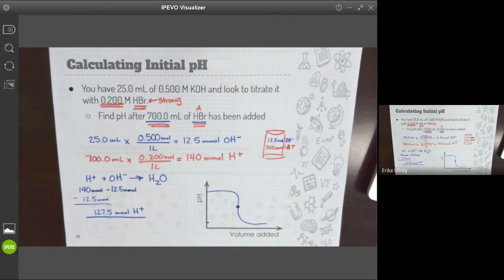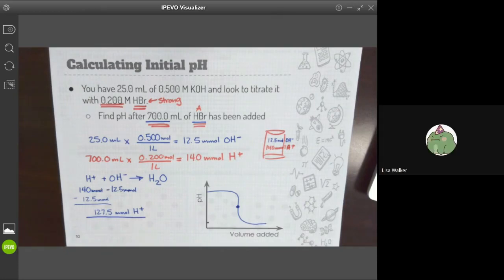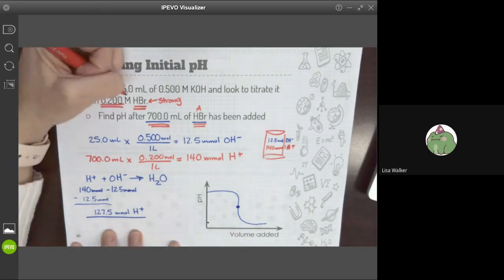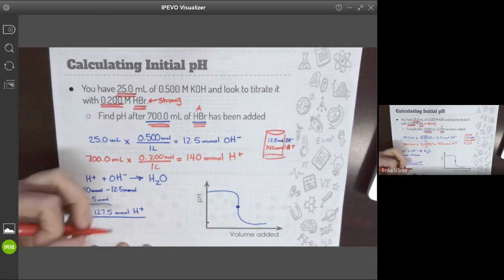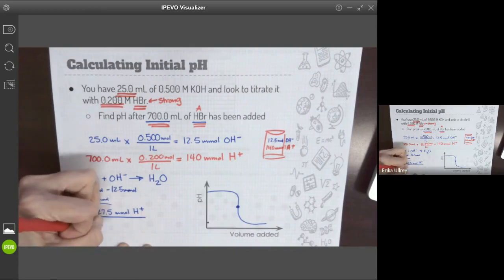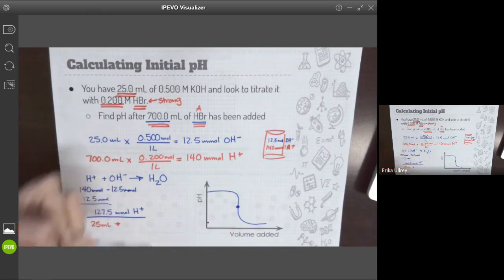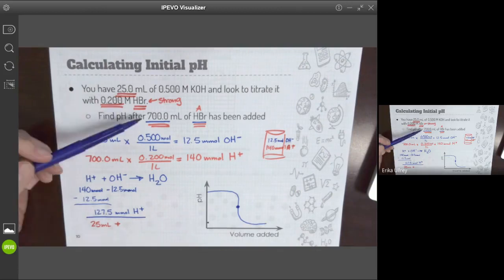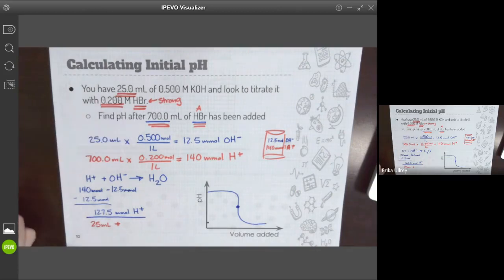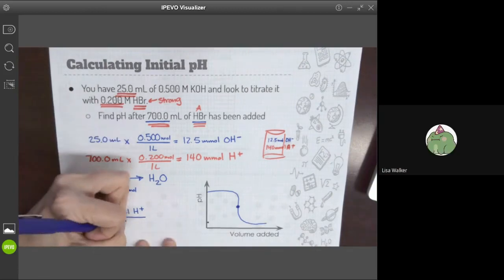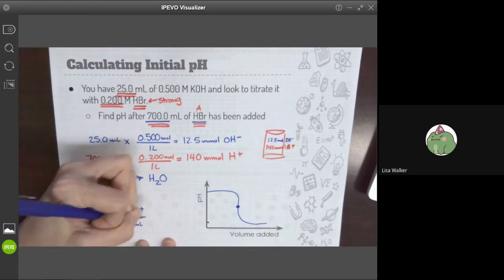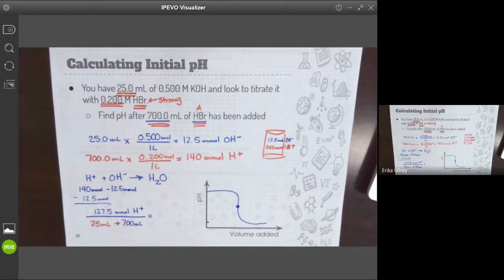The amount of KOH and HBr. Yeah, so we had 25 milliliters of the KOH plus the 700 milliliters of the acid that we added. Okay, so that's 725 milliliters.